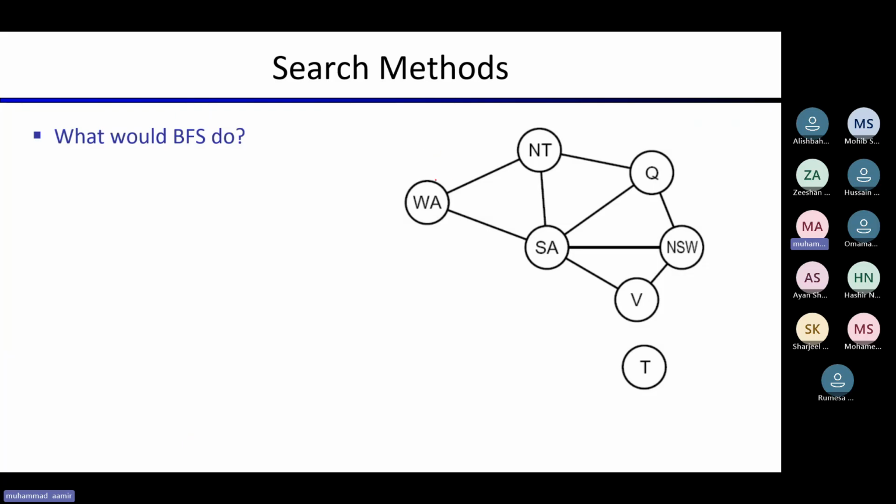Considering this constraint graph, if we apply BFS, we will select this variable first. We will see how many values are there in the domain of this variable. Of course, because this is the first variable, we have the options of red, blue, and green in the domain of this variable, and we need to assign a value to it.